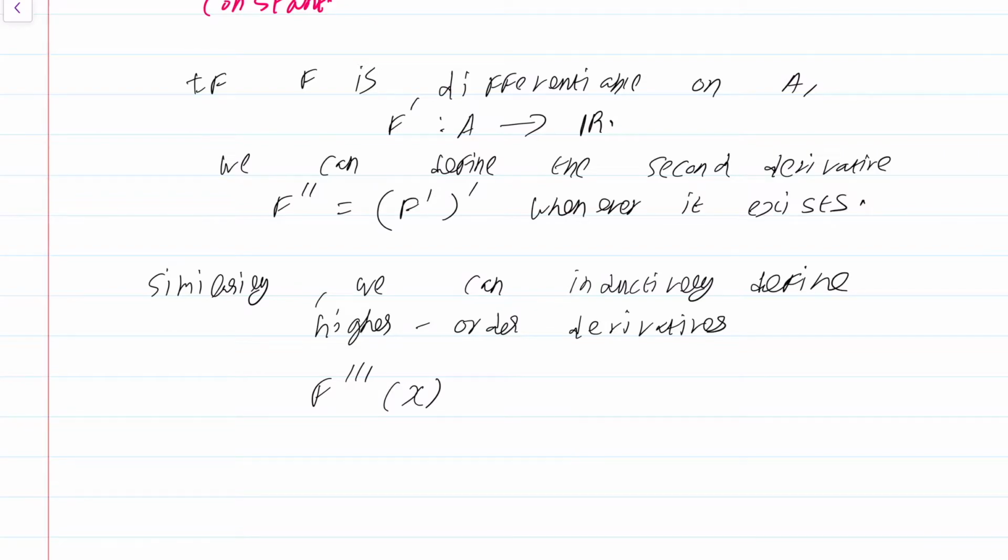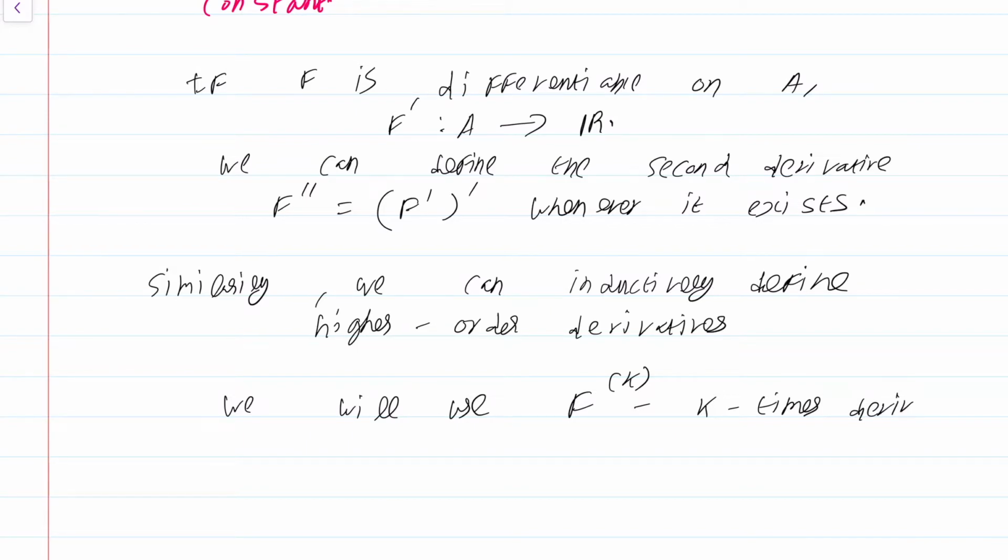So better notation is this. We will use f superscript k to denote the k times derivative, or the kth derivative, with the additional convention that k equal to 0 just gives back the function.